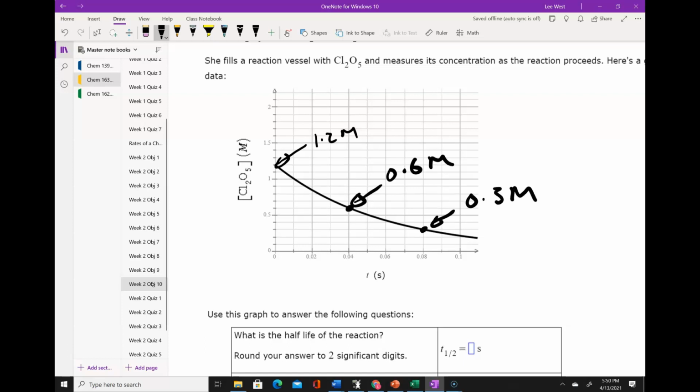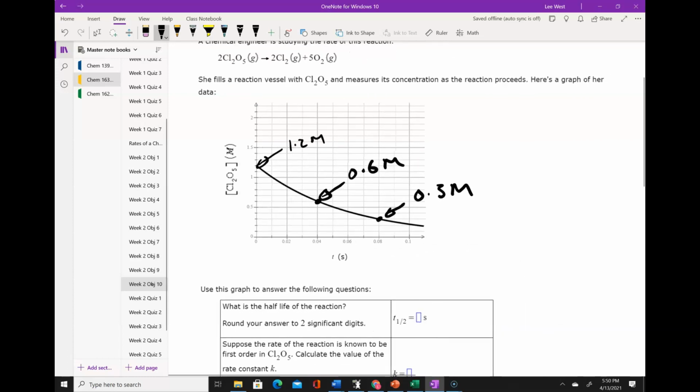Now, remember what I said is if the half-life is constant, this is first order. So we go 0 to 1 half-life. The first half-life, T1/2, the first one is 0.04 seconds.